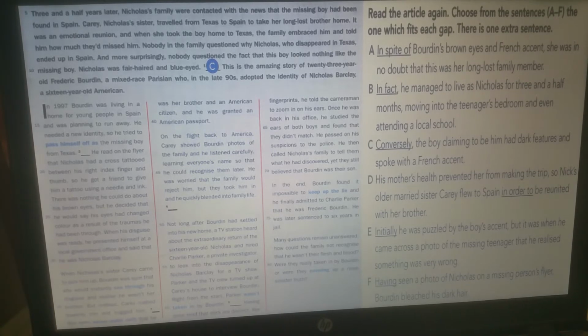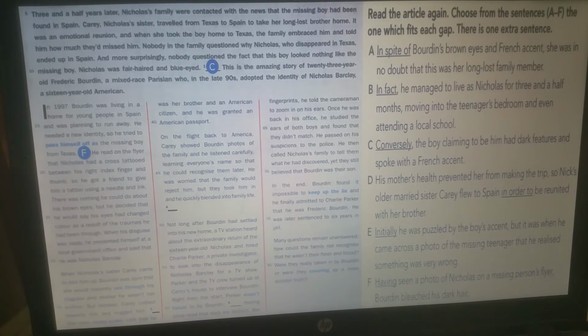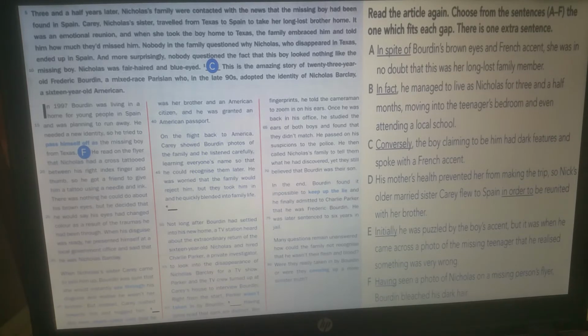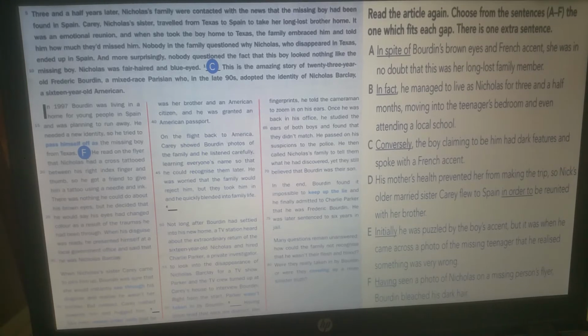In number 2, we have put F. Having seen a photo of Nicholas on a missing person's flyer, Burden bleached his dark hair. So, having read in the flyer, and then we have he read on the flyer. We know that we cannot use the definite article the without it being mentioned beforehand. That's why we put F.